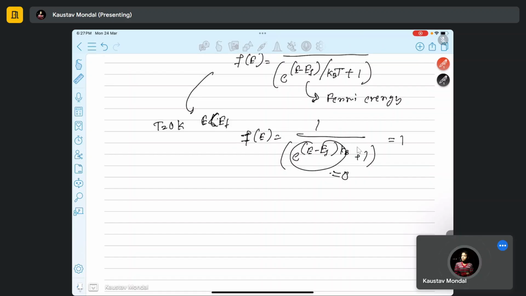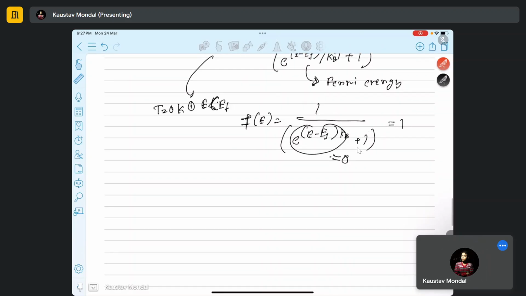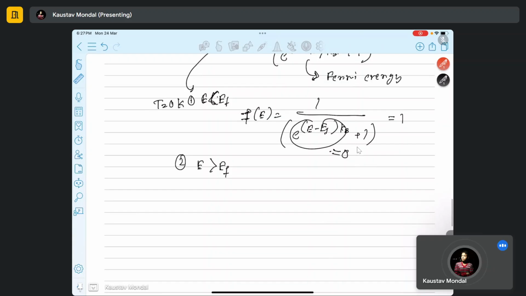Now the next case, case 2, where E is greater than E_F. For this case, F(E) would be, let's write it here also.